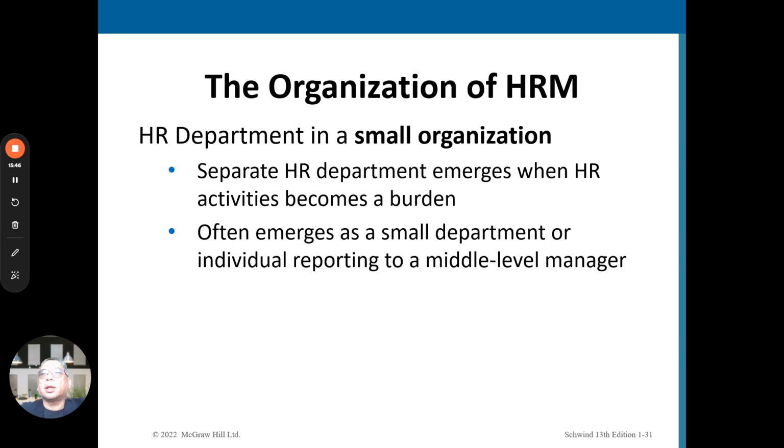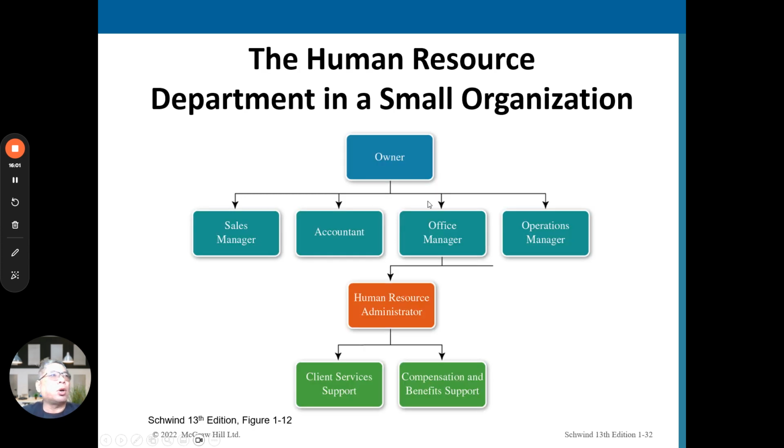In a small organization, a separate HR department emerges when HR becomes a burden, often as a small department or individual reporting to a middle manager. Example here, the owner is the small organization, you got a sales manager, accountants, office manager, operation manager, human resource administrator as part of the office manager. Okay, this is for a small organization.